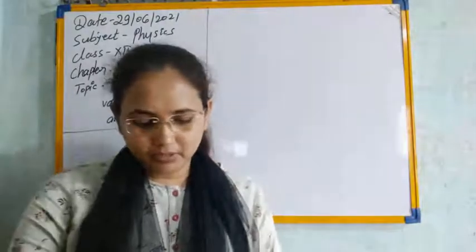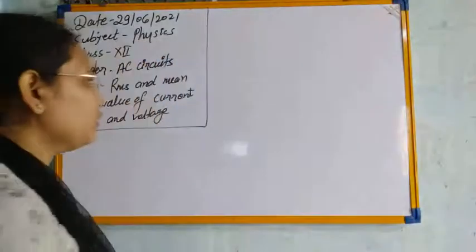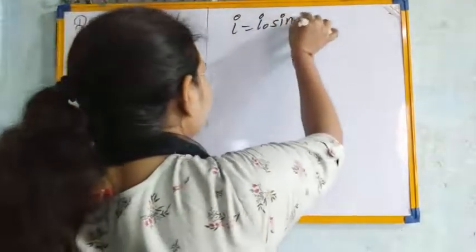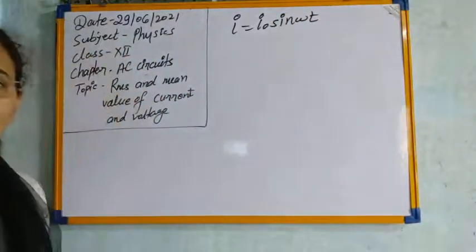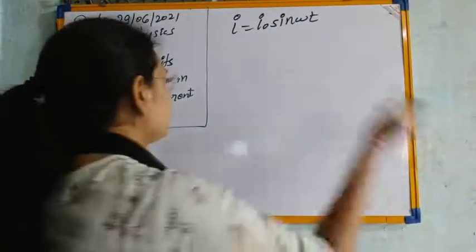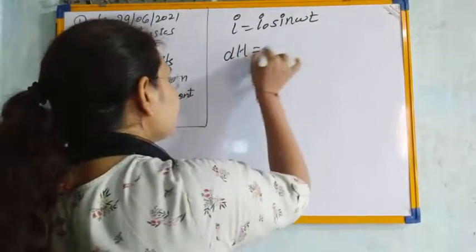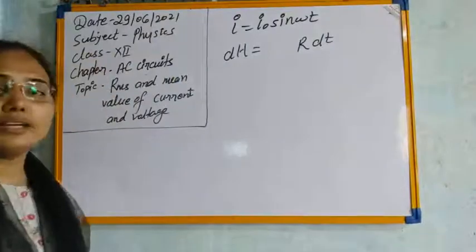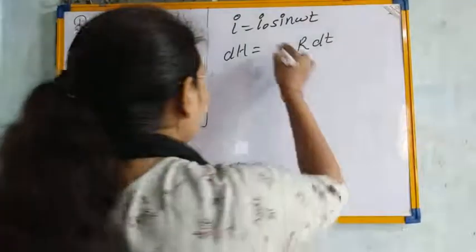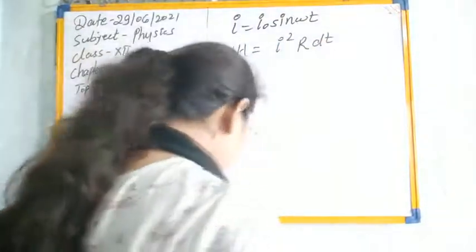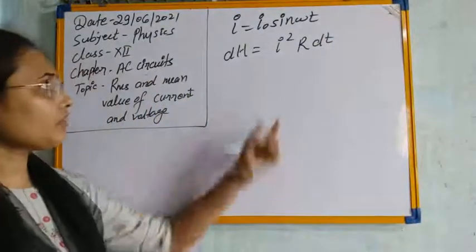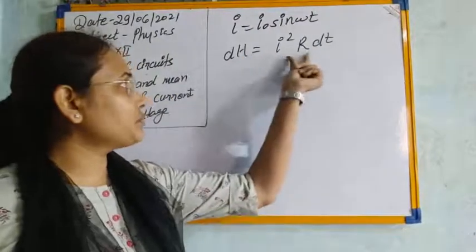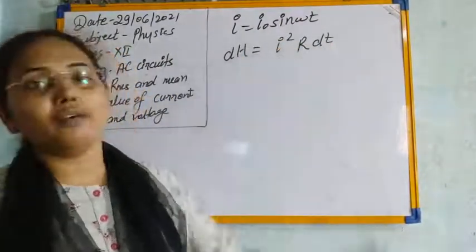As you know, the instantaneous value of AC is given by I0 sin omega t, and the heat produced in any resistor R in a short time dt due to the flow of current is I square R dt. Clear? So this is the heat produced in any resistor due to the flow of current.